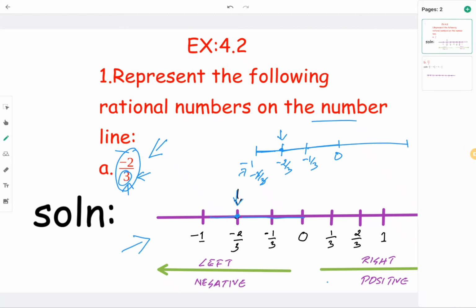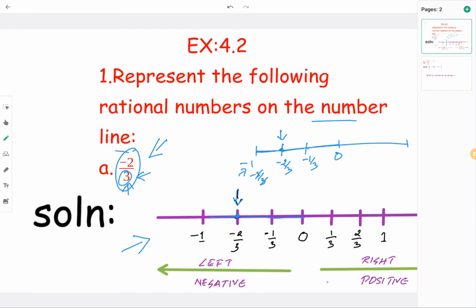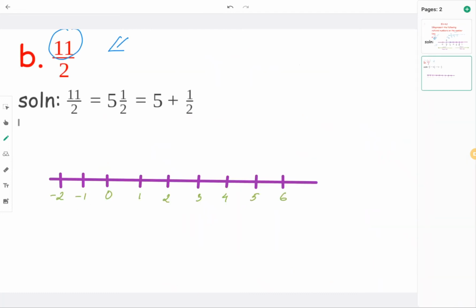Let's do one more. Now if you look here, the difference between the first and the second is, first thing, this is a positive number, but you will notice that here the numerator 11 is bigger, right? If you look at the first question, you can see that in minus 2 by 3, the denominator 3 is bigger, alright? So what happens when the numerator is larger?